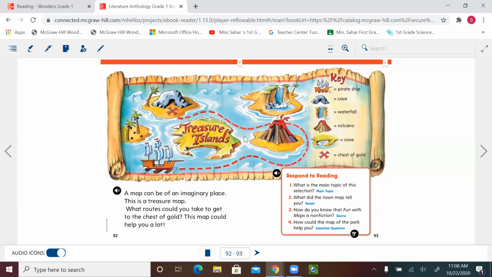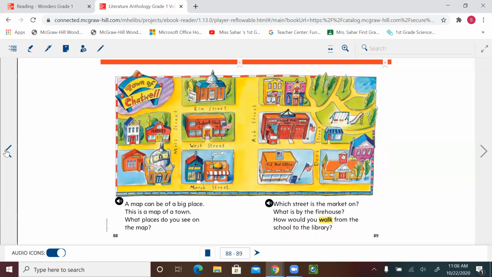All right, what's the main topic of this selection? We know the main topics. We talked about different kinds of maps. Very good. So the main topic is maps. So what did the town map tell you? So if I go for the town map, I know that I'm looking for details, because remember, we have the main topics and we have details. So we know the main topic is about maps, because they're different kinds of maps.